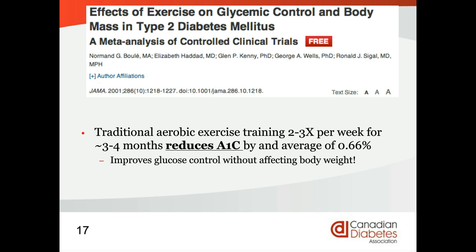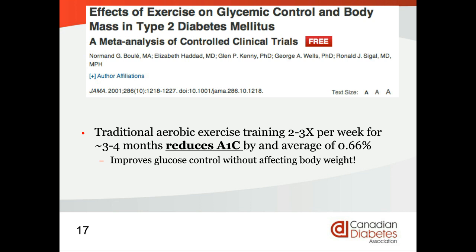Importantly here, when they analyzed all these studies, exercise did this without reducing body weight. So you don't have to lose weight to get the benefits of exercise on your blood sugar levels. And again, from what we learned at the start, that's because when you exercise, you're targeting your muscles, which become better at taking up glucose, better at seeing insulin, and you don't need to lose weight to get the benefits.